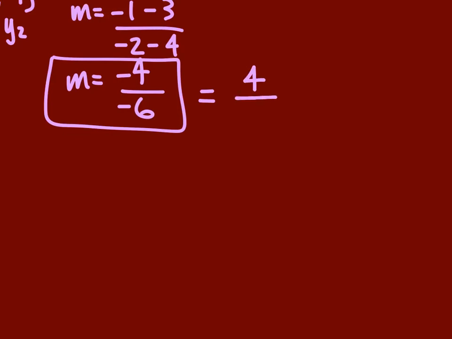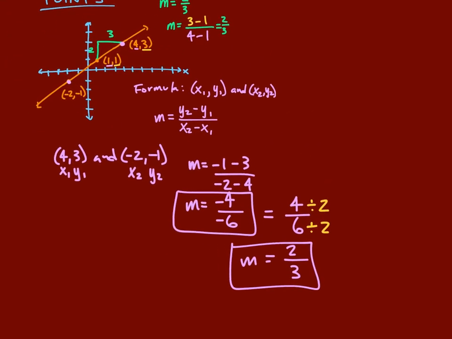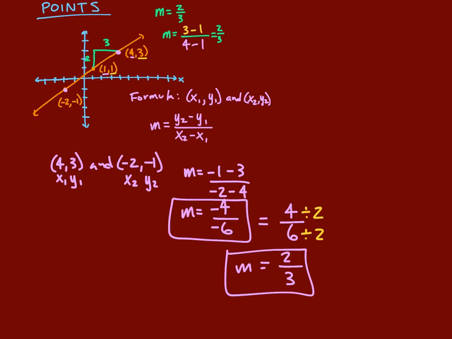So I have a positive 4/6. And each of these numbers is divisible by 2. So 4 divided by 2 is 2, 6 divided by 2 is 3. And so I did end up getting a slope of 2/3. So using points, you can use this however you want to get your slope.